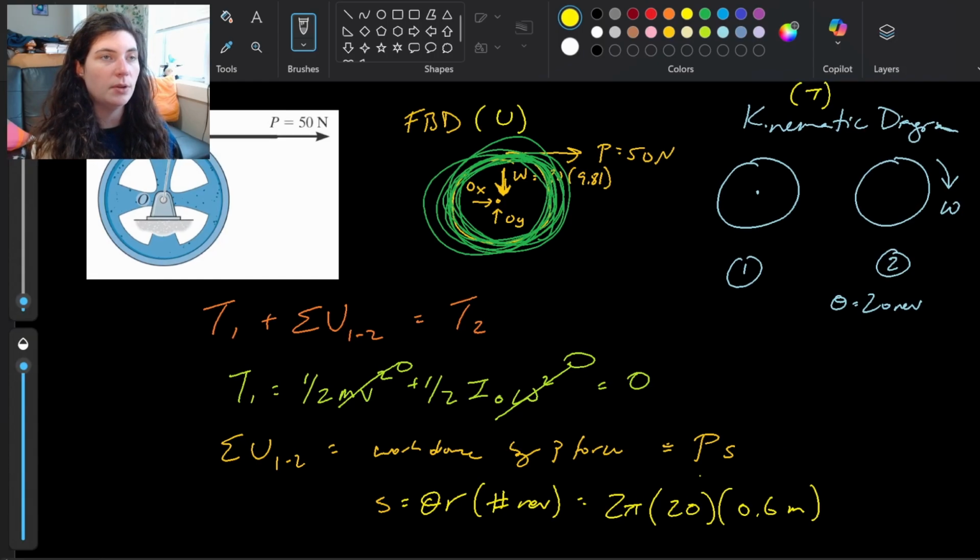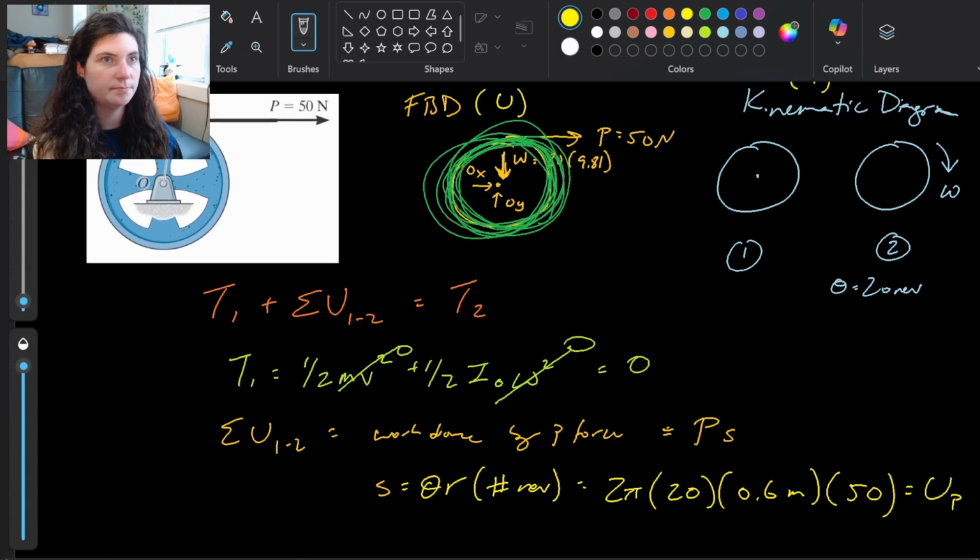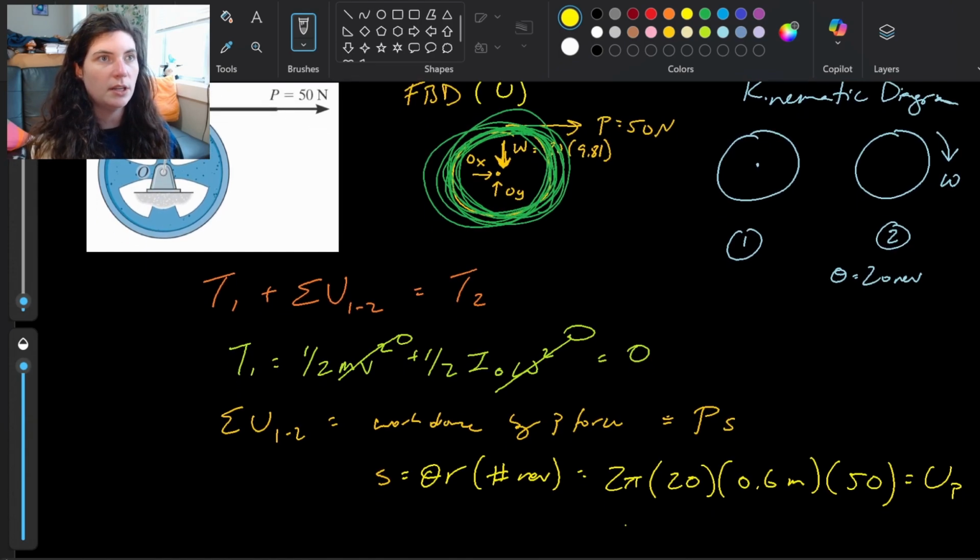And then we can take that and plug that in, multiply by our P value, since that P value is constant, to get what our work is. I'll call this UP, the work done by force P. So when I plug this in, I get that the work done from force P is 3,770.